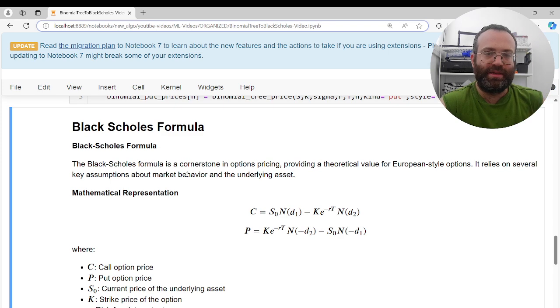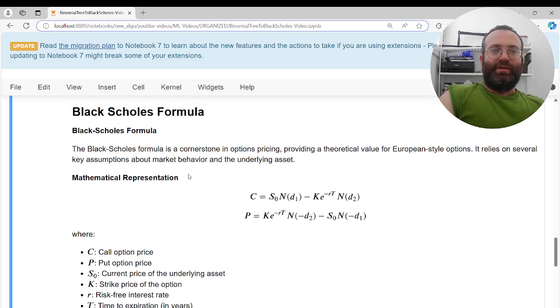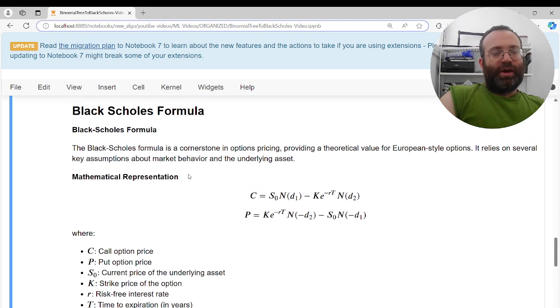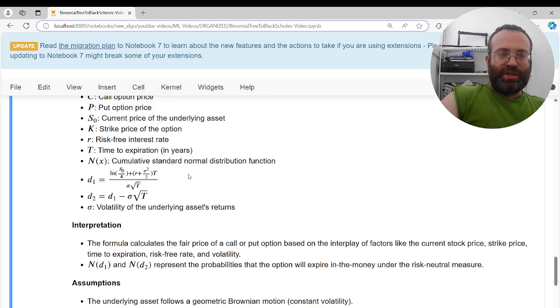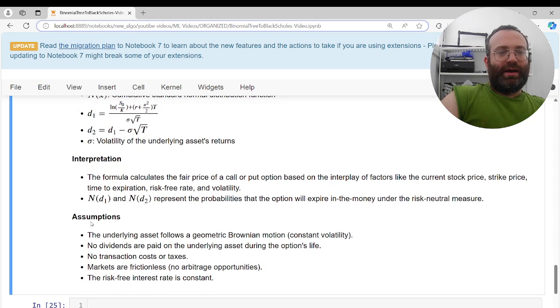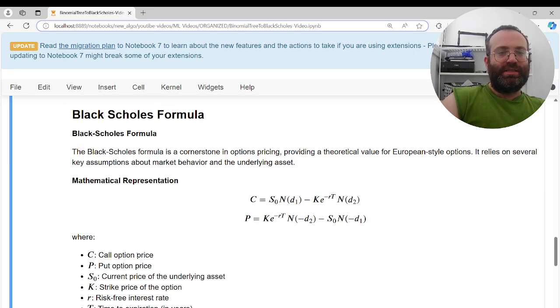It's the famous formula for option pricing, assuming stock prices follow geometric Brownian motion. I will make future videos on those concepts, but it has a lot of assumptions, like no transaction costs, no taxes, markets are frictionless, like no bid-ask spread, no arbitrage, complete markets, and risk-free rate and volatility are constant. So there are a lot of assumptions. Anyways, this is the famous formula for calls and puts.